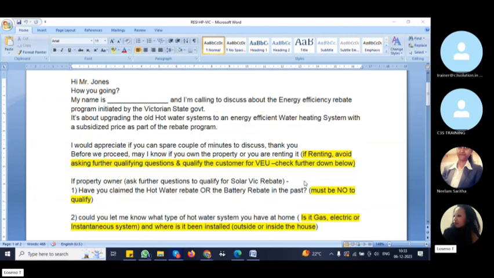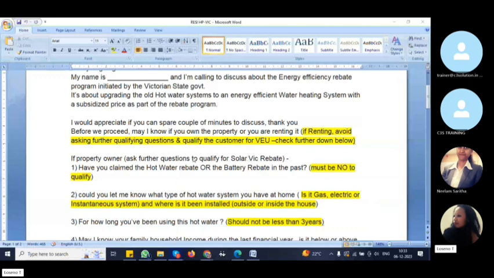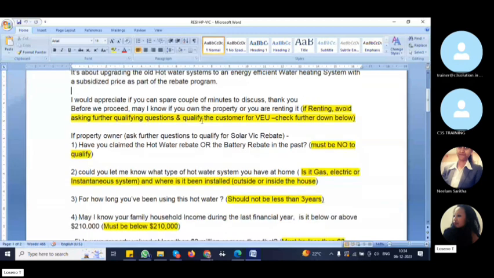It's about replacing your old hot water system with an energy efficient system or heat pump or energy efficient hot water system. Either of the terms you can use on the call. So yeah, it's about upgrading the old hot water system to an energy efficient water heating system at a subsidized price as part of the rebate program.